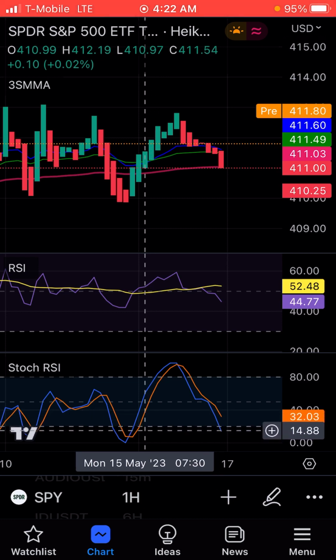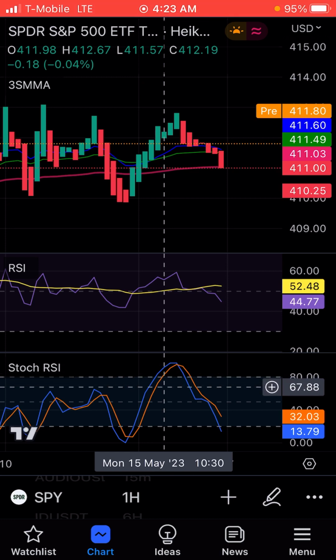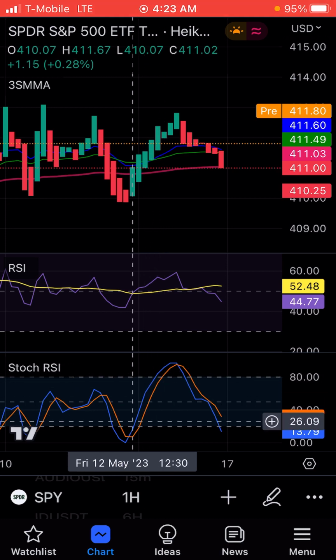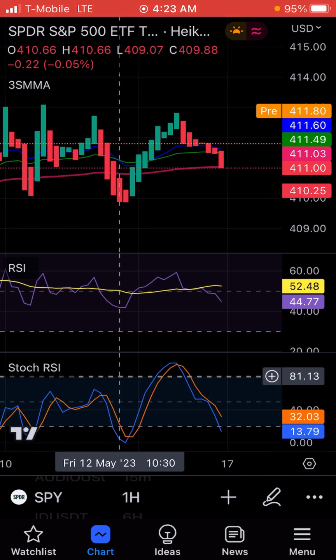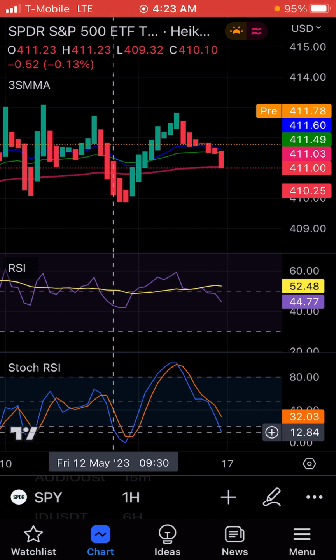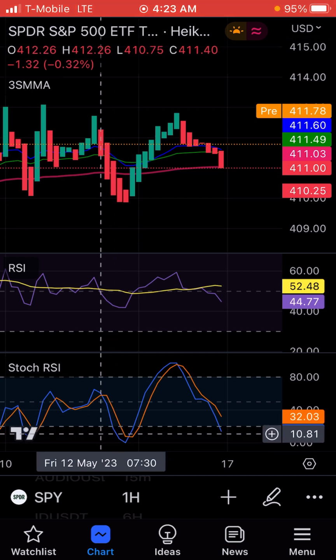So the lines have to be below the bottom dotted line, and if you're doing the top here, it has to be above the dotted line up here. What you want to look for is it below the dotted line on the bottom, or above the dotted line on the top, and the blue line has to start going through the orange line. That is what you look for in your signal to get in.